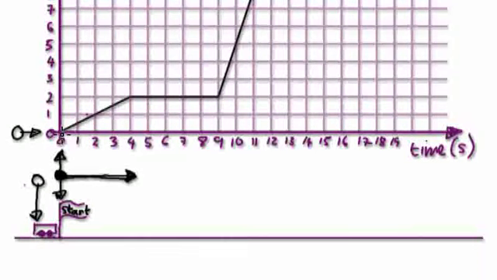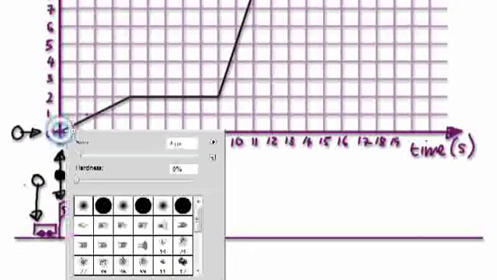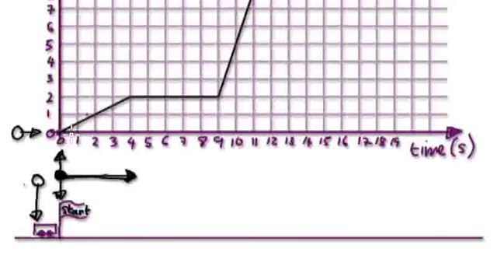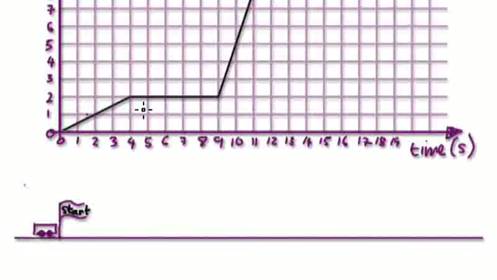Okay, so from 0 to here, your dad is going to put his foot on the accelerator. Now look at this. If he puts his foot on the accelerator, it means that his speed is increasing. So you can see it's increasing each time. As time goes on, the speed is going to increase. And if you look at this here, in 2 seconds, your dad would have increased his speed by 1 meter per second.